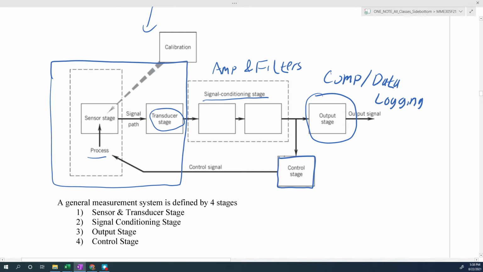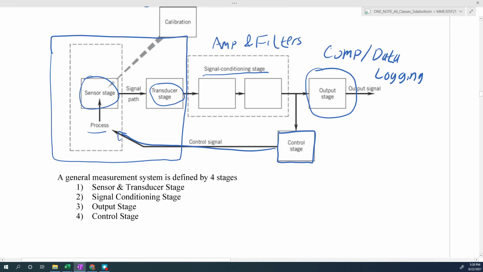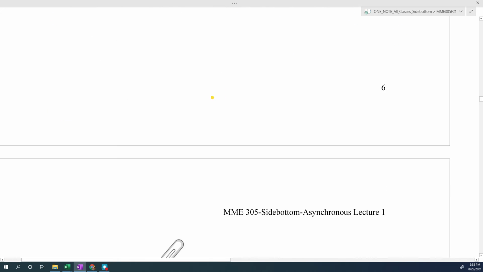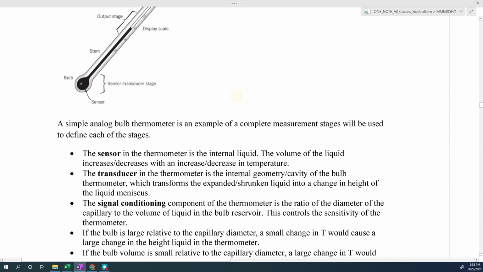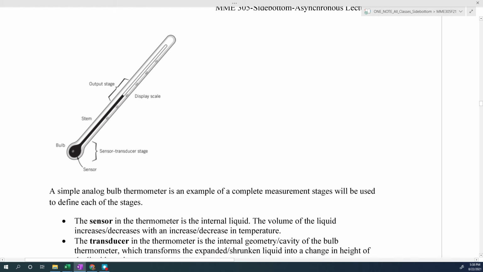It can be used by a controlling process to change the process until the thing that we're sensing improves or hits the target.